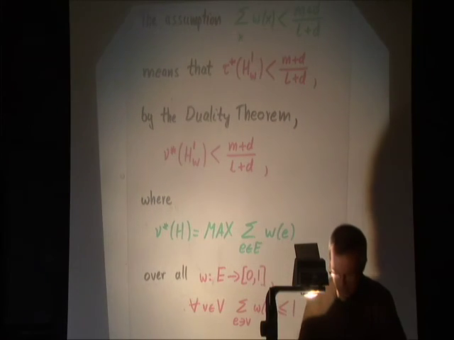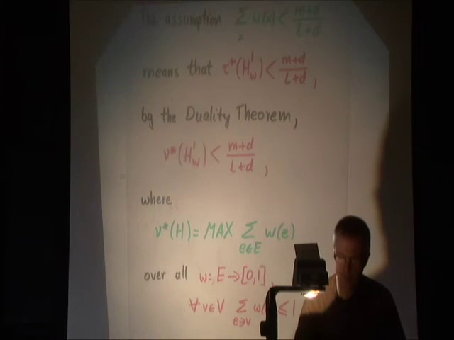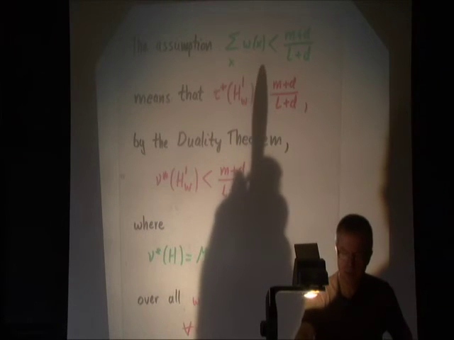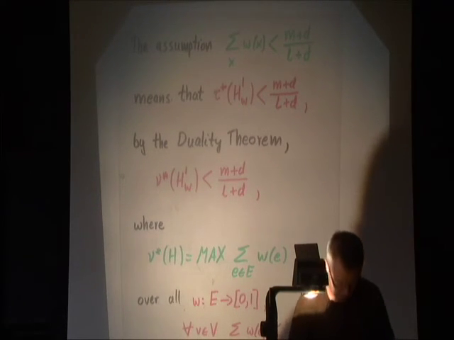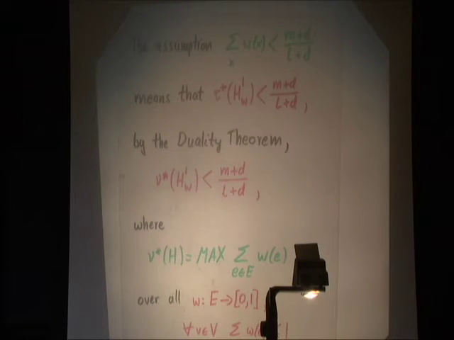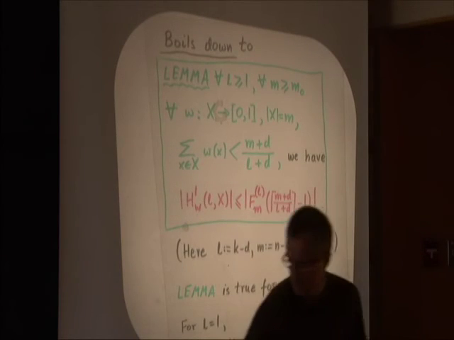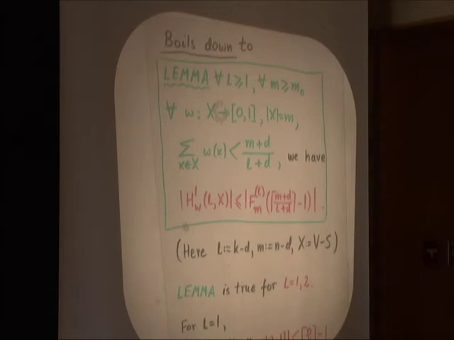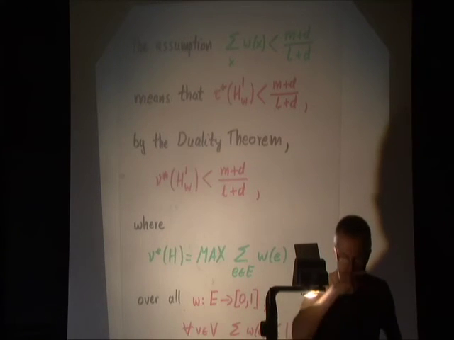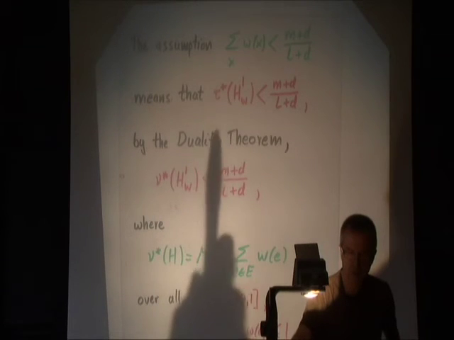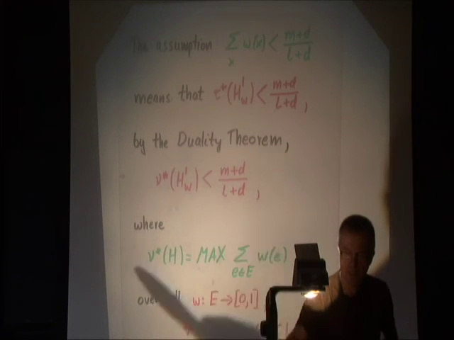Here is the explanation. Once again, this condition, which appears as an assumption in our lemma, maybe I still put this lemma here, can be viewed as a bound on the smallest fractional vertex cover, and by duality they are equal.